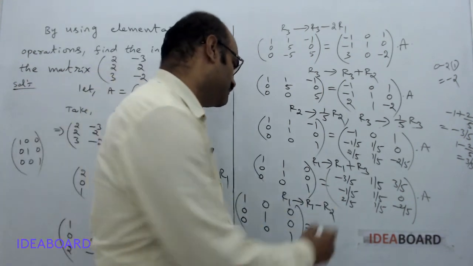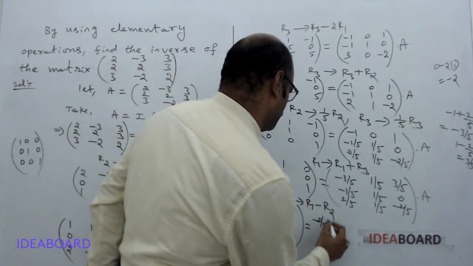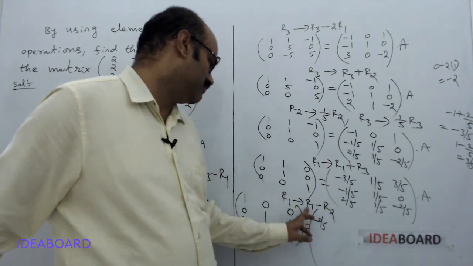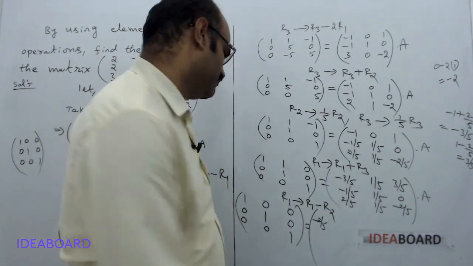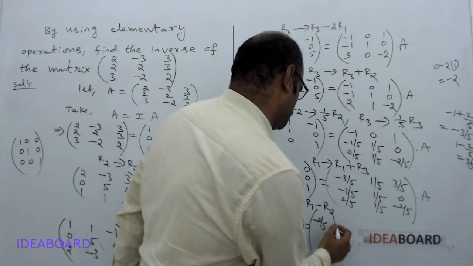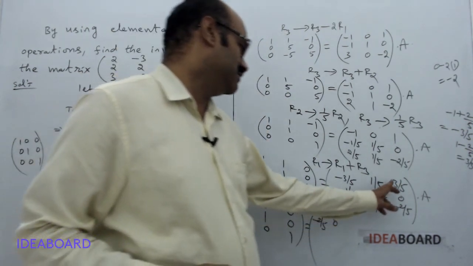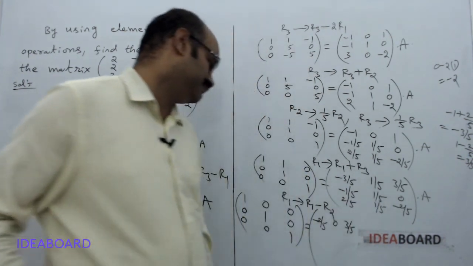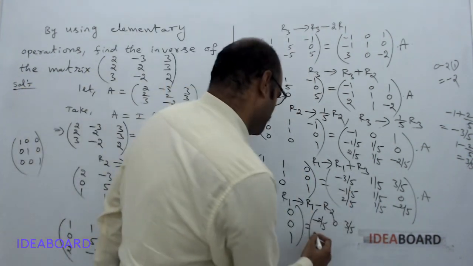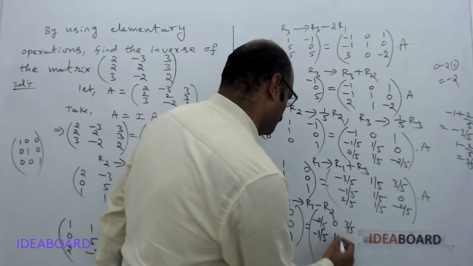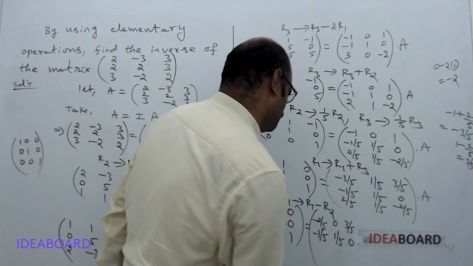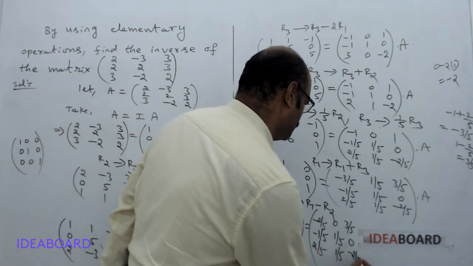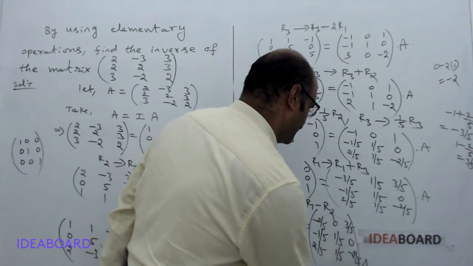So that minus 2 by 5. Next 1 by 5, minus 1 by 5, 0. Next 3 by 5 minus 0, 3 by 5, minus 1 by 5, 1 by 5, 0, 2 by 5, 1 by 5, minus 2 by 5 into the matrix A.